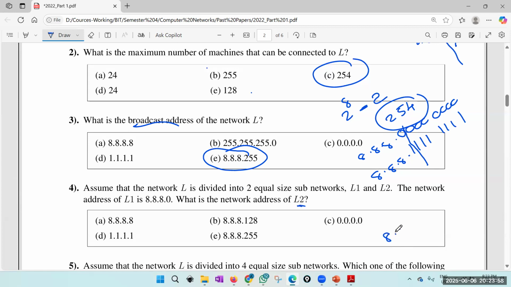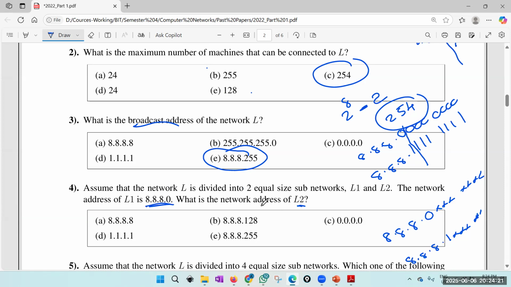The first subnet is 8.8.8.0 and the other subnet is 8.8.8.1, followed by the remaining 7 bits. This is the subnet ID of the first subnetwork, 8.8.8.0.